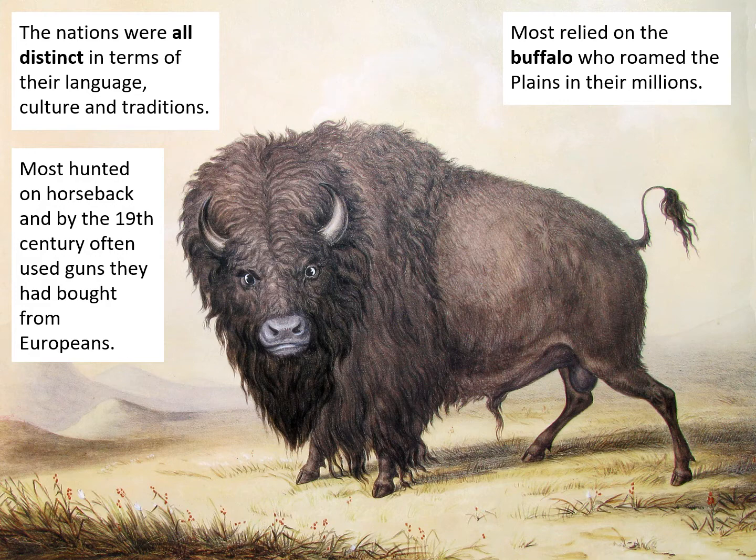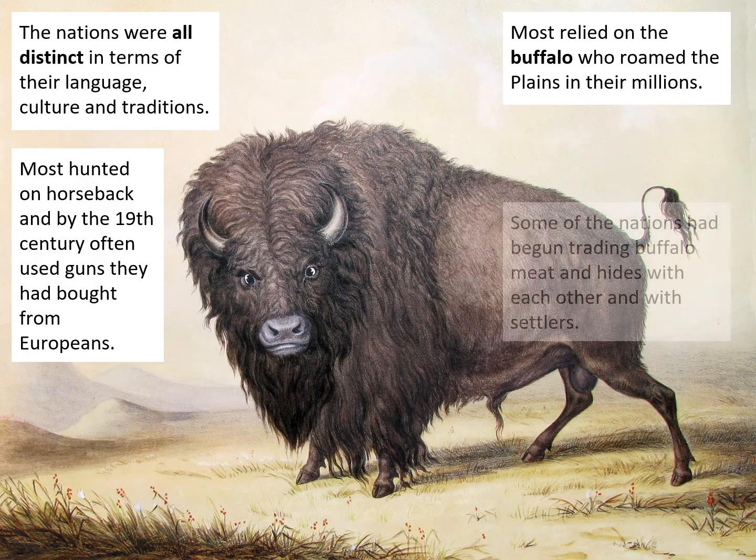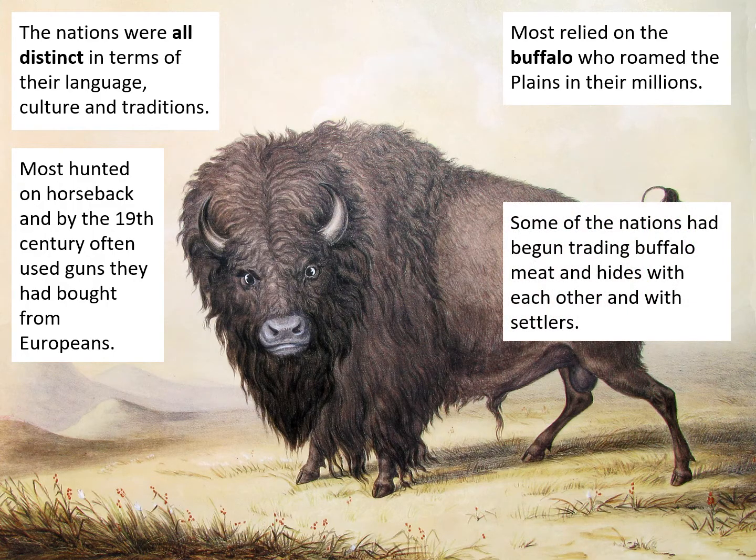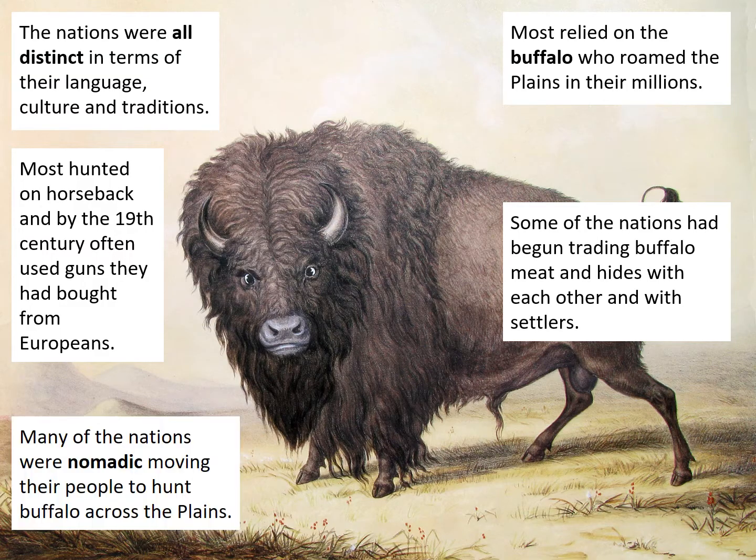By the 19th century, they were also often using guns that they had bought from Europeans, in addition to the more traditional bow and arrow. Some of those nations had also begun trading buffalo meat and hides with each other, and importantly with the settlers who were moving into the plains regions.